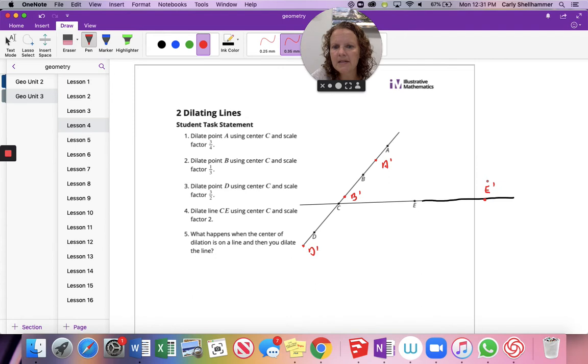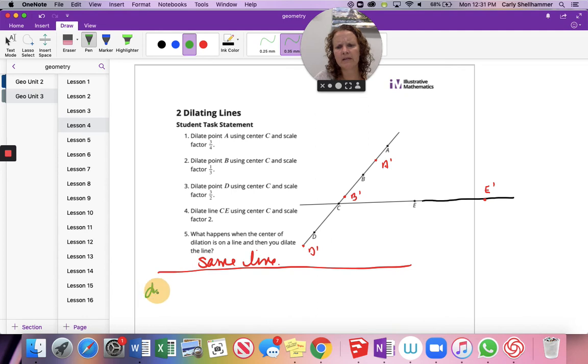Cool. What happens when the center of dilation is on a line, and then you dilate the line? That's what we just did, and it just moved my point out, but lines are infinite, so that really doesn't do anything, okay? What I want to talk about here is we dilated points, but the angles never changed.